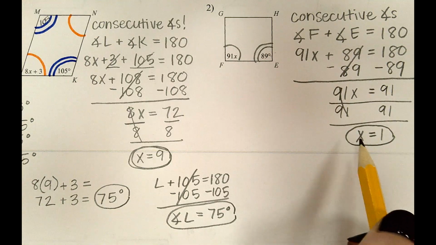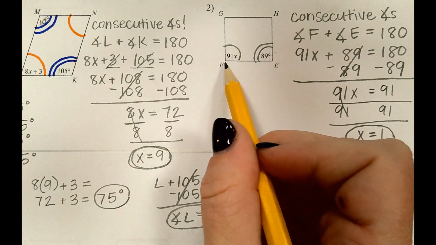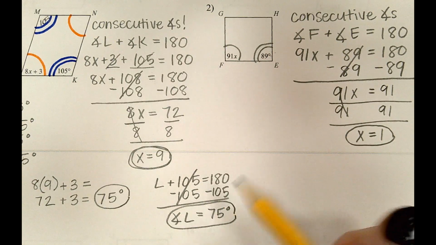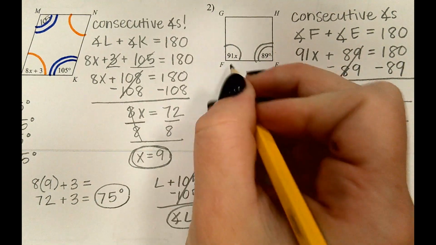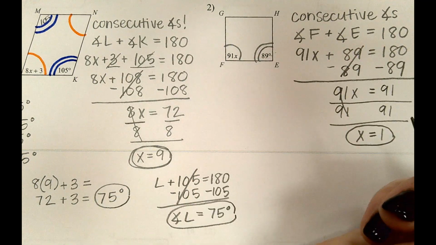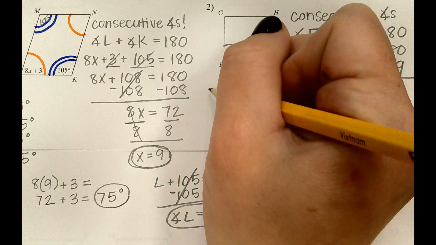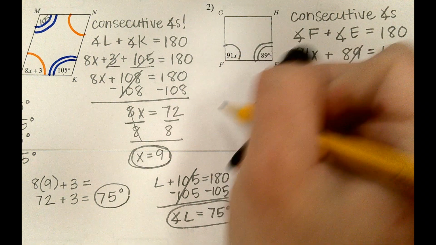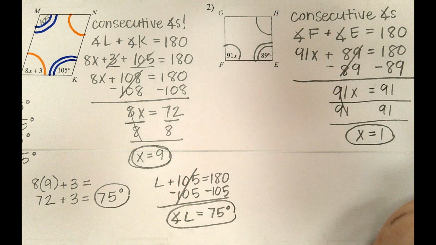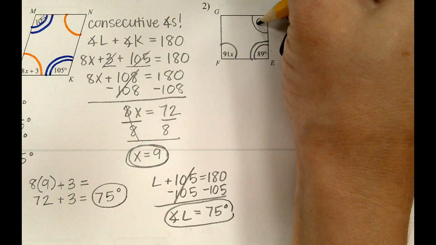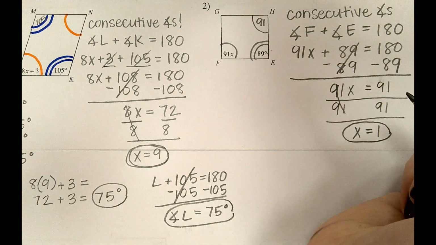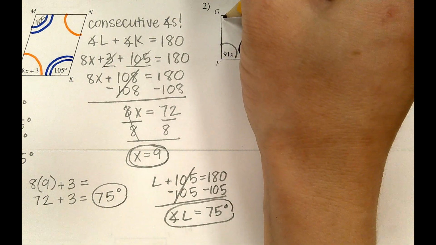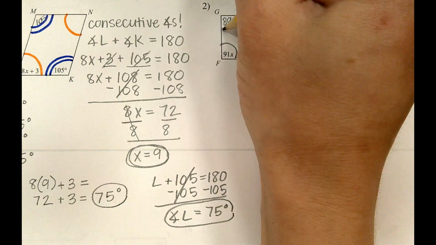Okay, so this should be pretty easy to solve for F now. What's angle F? 91 times 1. So angle F is 91. What's angle H? 91. What's angle G? 89. Good. We get the idea?